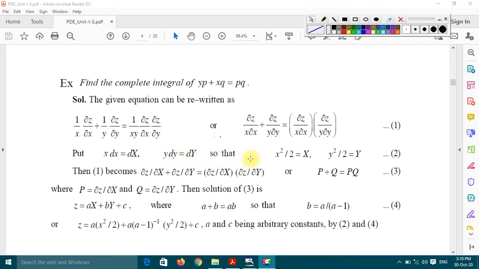So we get, after integration, x square by 2 is equal to X and y square by 2 is equal to Y. Now if we substitute these values into equation number 1, then the equation reduces to ∂z/∂X plus ∂z/∂Y is equal to (∂z/∂X)(∂z/∂Y), meaning P plus Q is equal to PQ, where P is the partial derivative of Z with respect to X and Q is the partial derivative of Z with respect to Y.